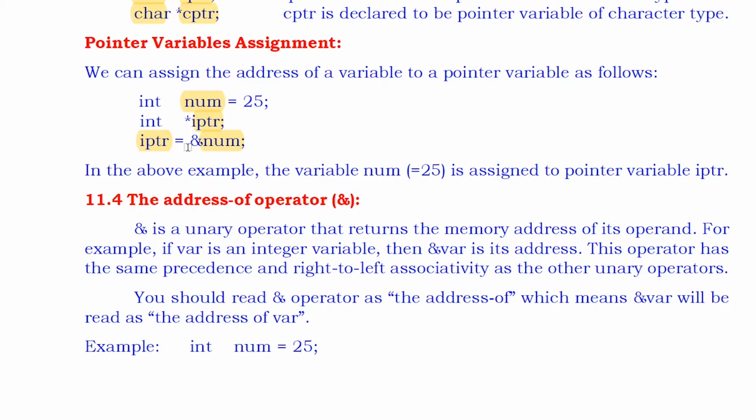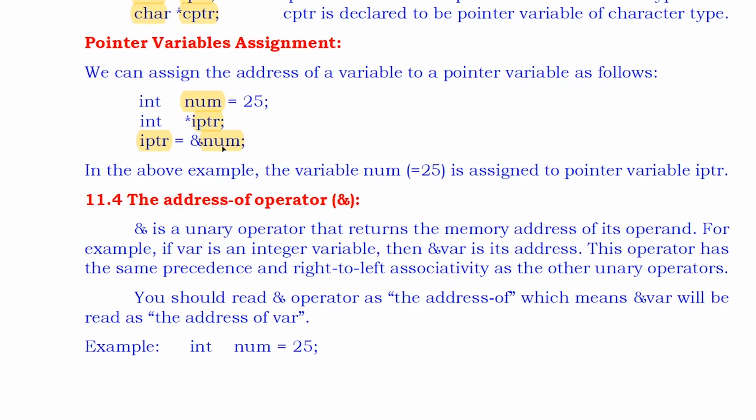So that is copied. Now you can say iptr is pointing to the variable. Only these two statements will not conclude that the pointer iptr is pointing to it. When this statement occurs, only then can you conclude that iptr is pointing to the integer type variable num.